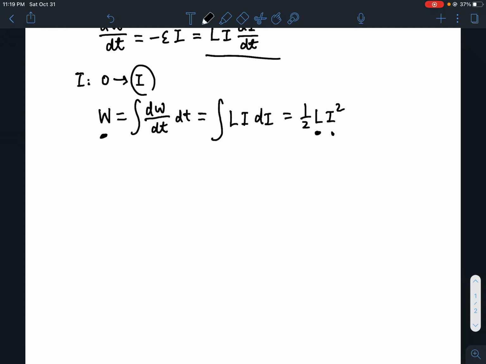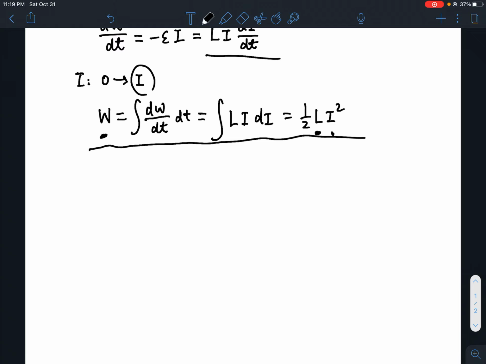It doesn't depend on how long we take to crank up the current. It only depends on the final value of the current. So this is how we calculate the energy stored in the magnetic field.